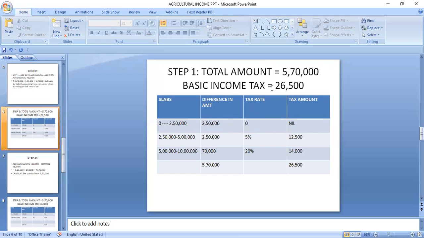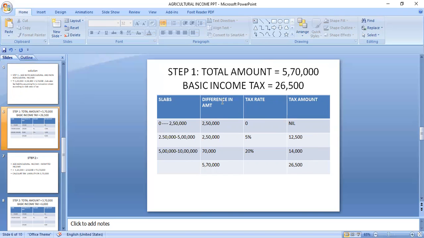From 5,70,000 you reduce 2.5 lakhs and then reduce again 2.5 lakhs. The remaining is 70,000, which comes in the third category. On 70,000, calculate 20%, you will get 14,000. So total basic income tax will be 26,500.